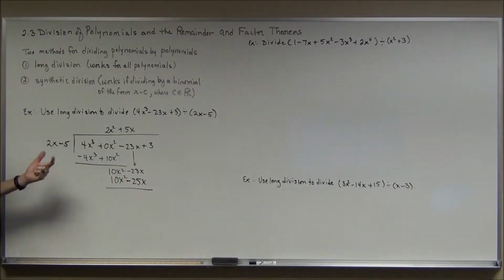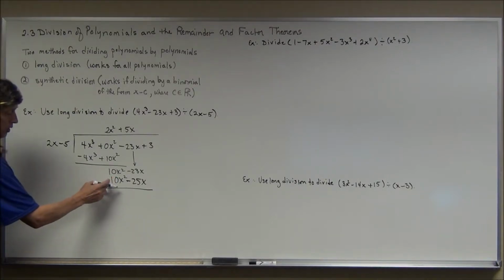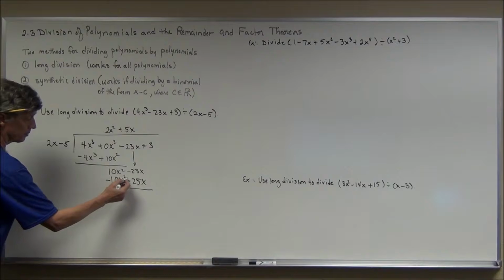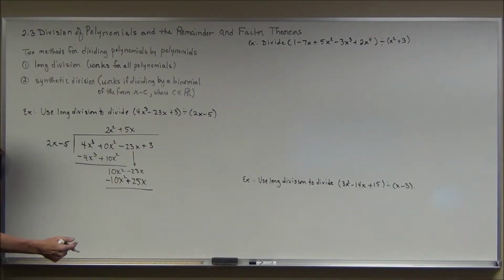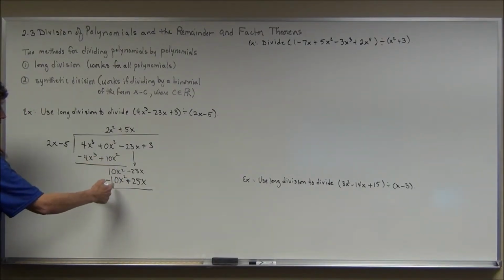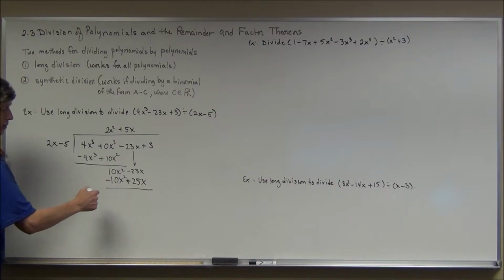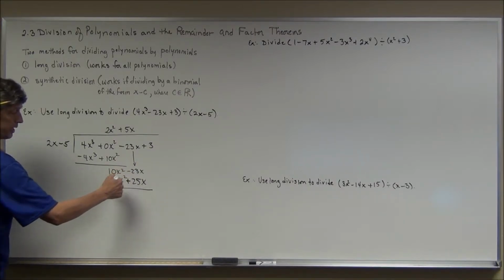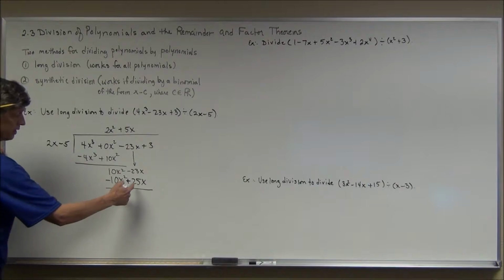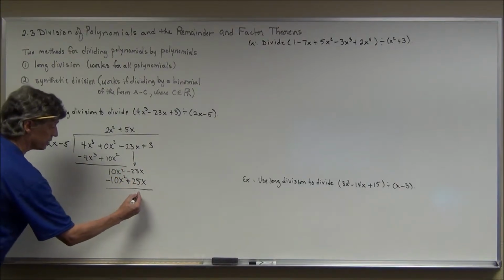And here again is where I would change the subtraction to adding the opposite, so this becomes a negative and this becomes a plus. That was kind of convenient. You add 10x squared and negative 10x squared, that's 0. You add a minus 23x, and a plus 25x, and I get a positive 2x.